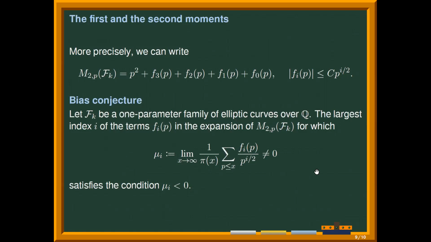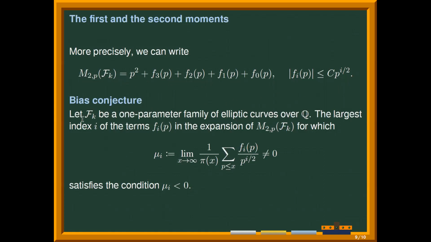More precisely, what we know is that our second moment, M_2(p, f_k), can be described as the sum of p squared plus F_3(p), F_2(p), F_1(p), F_0(p), where the absolute value of F_i(p) is bounded by C times p to the power of i over 2, where i runs from 0 to 3.